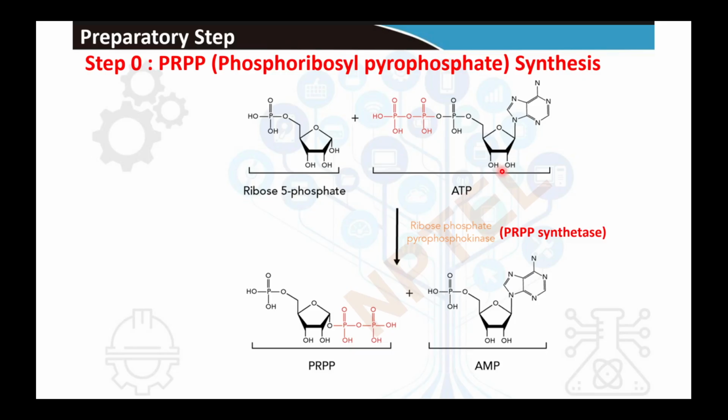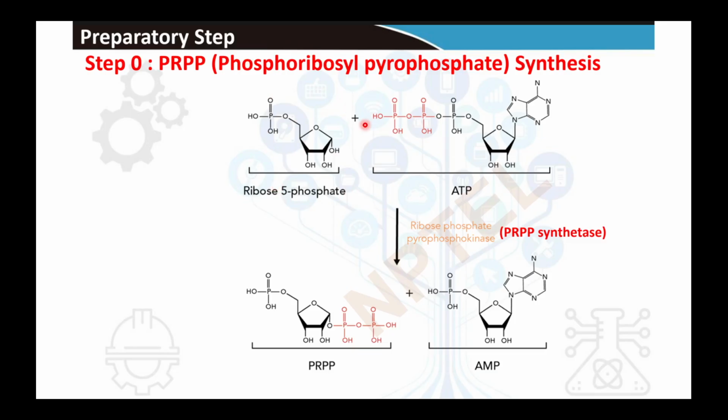The ribose already has a phosphate attached to the 5th carbon. Ribose is a 5-carbon sugar, right? So 1, 2, 3, 4, and the 5th carbon is here, and the phosphate group is attached to the 5th carbon. So it is ribose 5-phosphate.